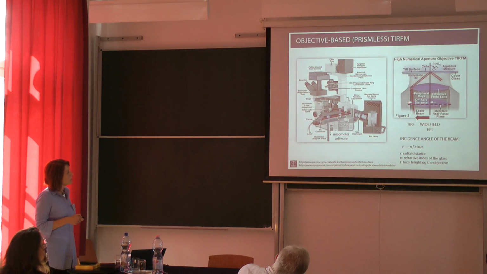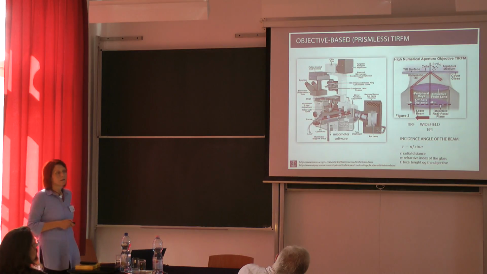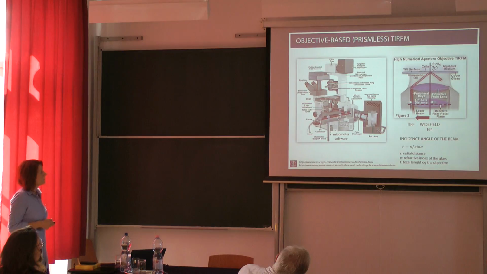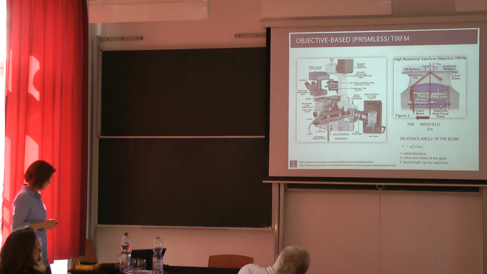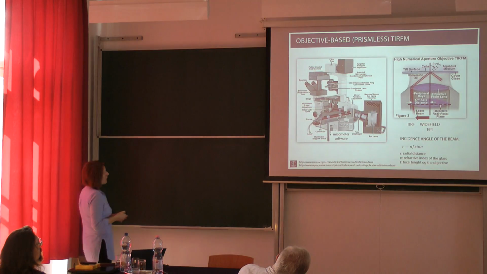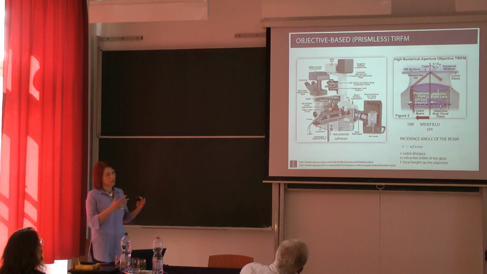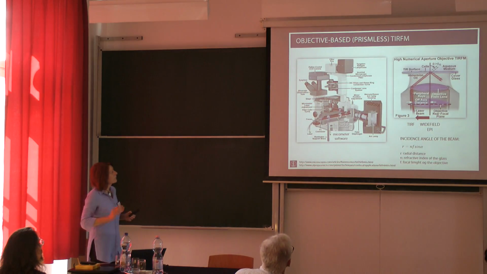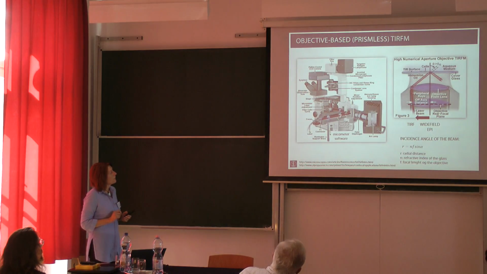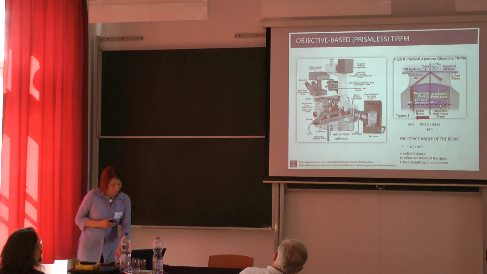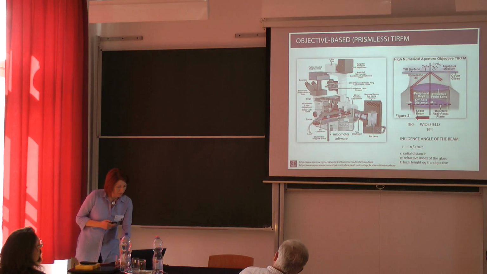Here it's focused at the back focal plane of the objective, so it can reach the sample in the supercritical regime. This off-axis movement of the beam is done by the micrometer or by the software, which will also change the position of the laser by a micrometer.